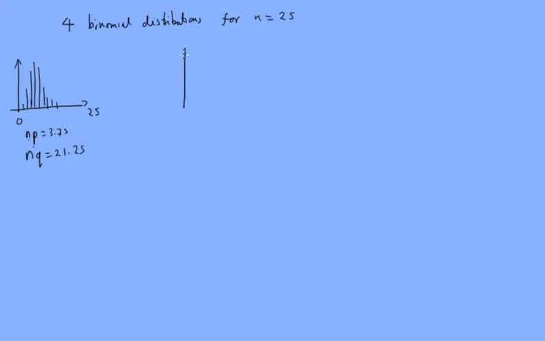Now we're going to look at the situation where n is still 25, but np is this time 8.75 and nq is 16.25.